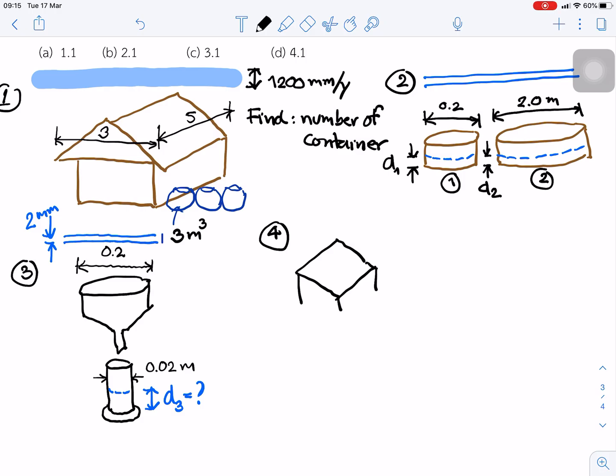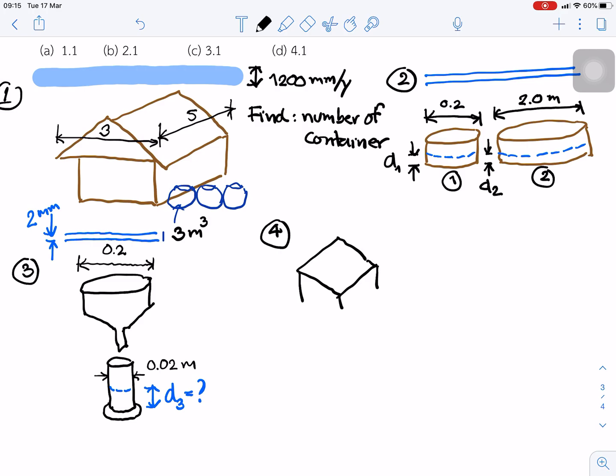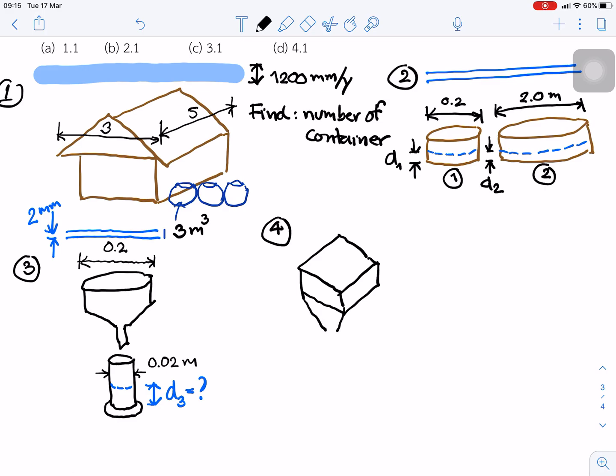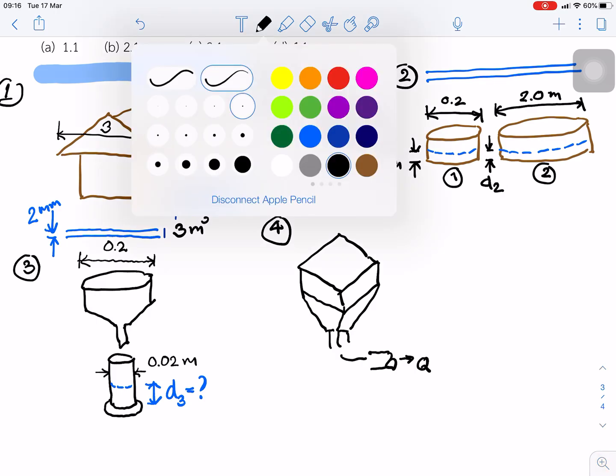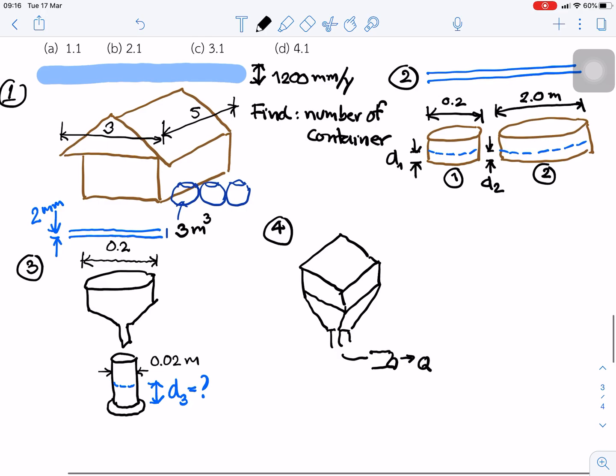So this is a rectangular funnel, and this is the size of the rectangular funnel.